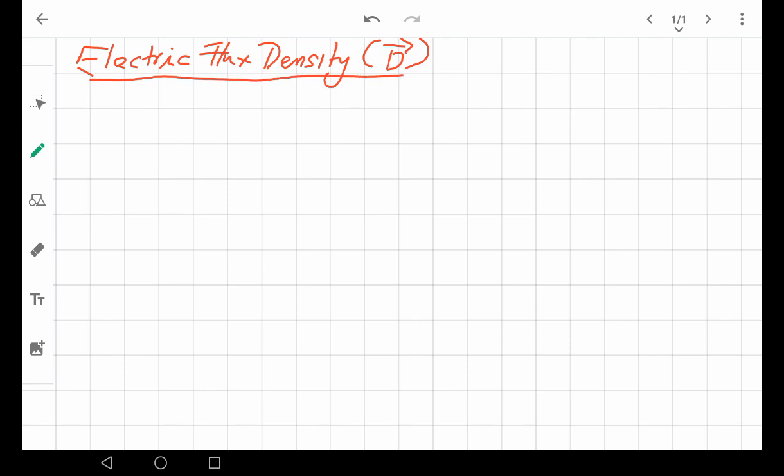Now you have studied E, right? E in general for a point charge. We have studied E equal to Q by 4 pi epsilon 0 R square aR.